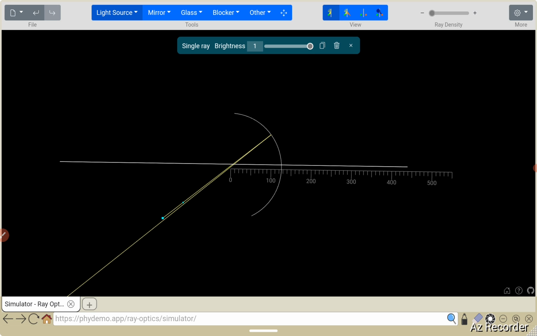Exactly. Now see here, it is retracing its own path. If I take at 0. Understood? So this is taken as the light ray which is incident through center of curvature.